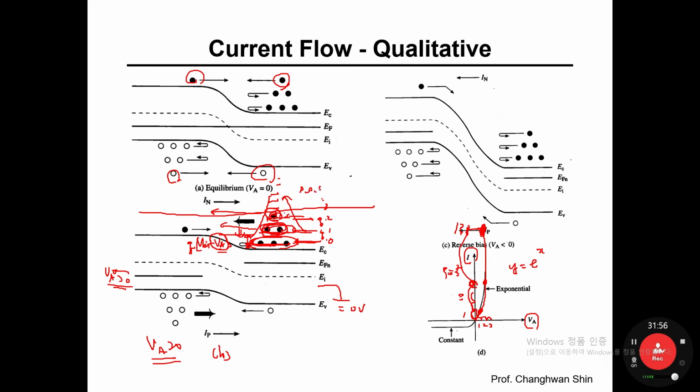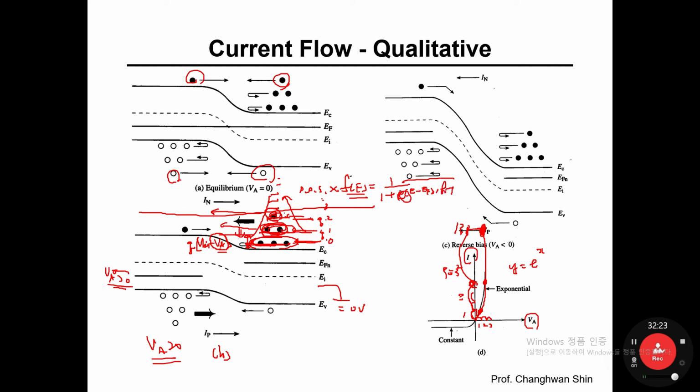Once you know the density of states times the Fermi function, remember the Fermi function. The meaning of the Fermi function is, for a given energy state, how likely a single electron can be found. That Fermi function follows the exponential function. Do you remember 1 over 1 plus exponential of (E minus EF) over kT?